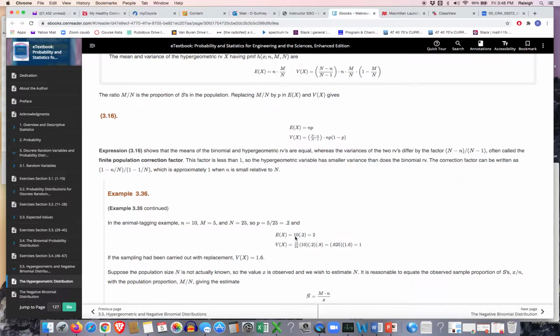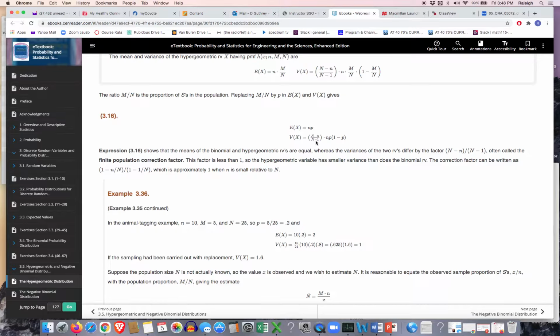Then we have N and our new sample size, the little n, of course, compared to the population size of capital N. And so our expected value clearly is 2. That's pretty easy to do, and I'd say rather intuitive as well. But the variance, and more like the standard deviation, a little less so. So they go through and plug in all the numbers.